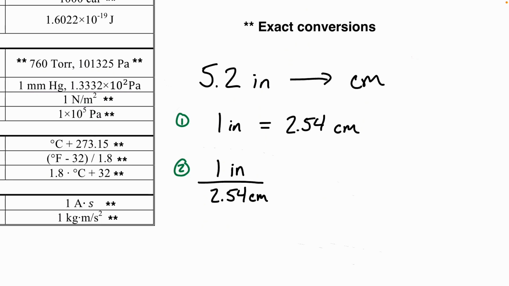And I can always use my conversion factor as is, or what else? What can I do? Or I can flip it, right? Or 2.54 centimeters over 1 inch. All right, so I believe in y'all. Take a second, see if you can't finish off this conversion here, taking me from 5.2 inches into centimeters.